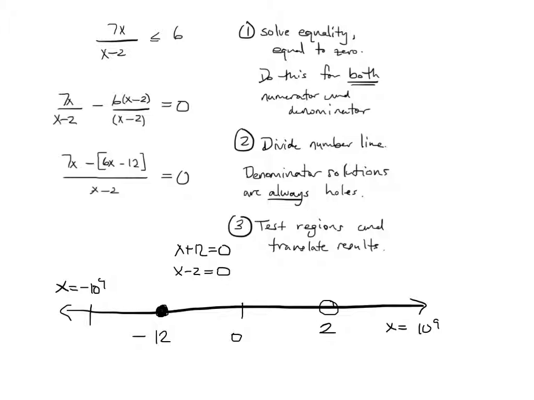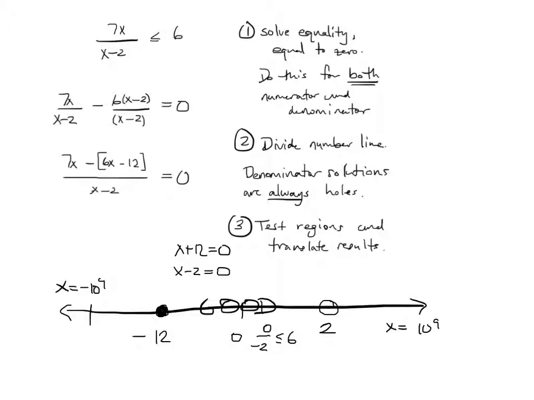So at 0, testing our original inequality, plugging in 0, it works, because we get 0 over negative 2, which is 0, less than or equal to 6. So this whole region right here is good.